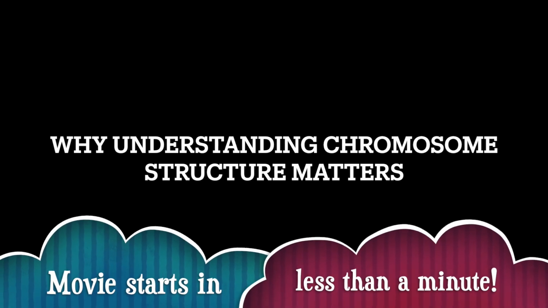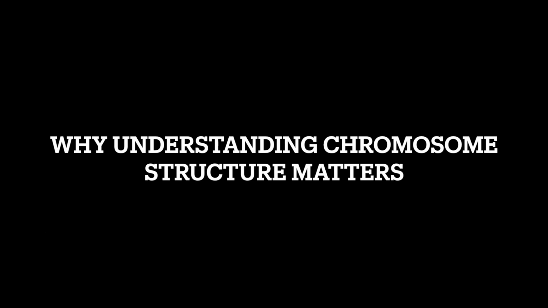Now, I know I keep ranting on and on about cancer and chromosome structure. The reason that I do is cancer, as far as we can tell, most of it is a genetic disease. Chromosomes break, they reform, they do all kinds of strange things that we need to understand.